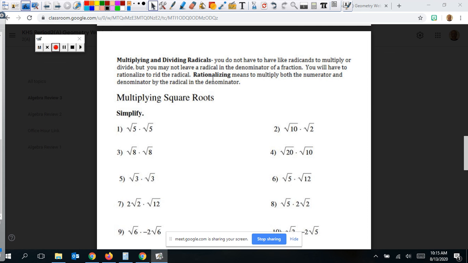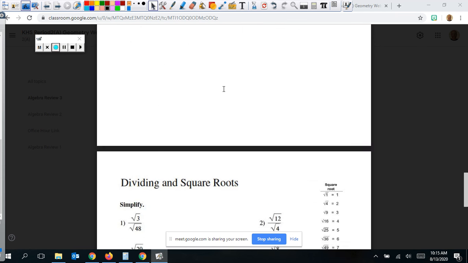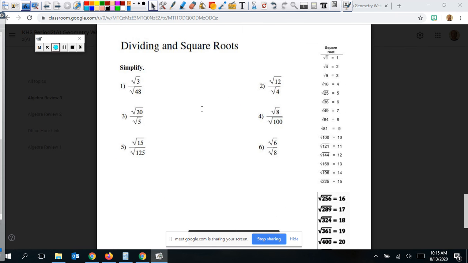We talk about real numbers, we talk about integers, whole numbers, and those kind of things. Well, there's rational and irrational numbers, and an irrational number is a square root. A rational number is just not a square root anymore. So we need to make sure when we're coming down here to do dividing that all of these bottom ones are not going to have any radical in it anymore.